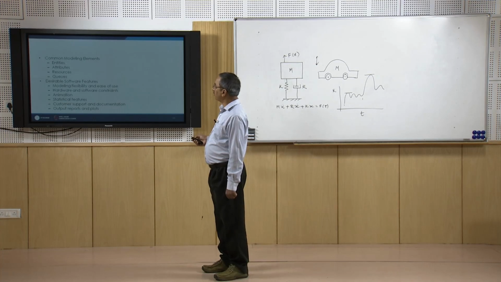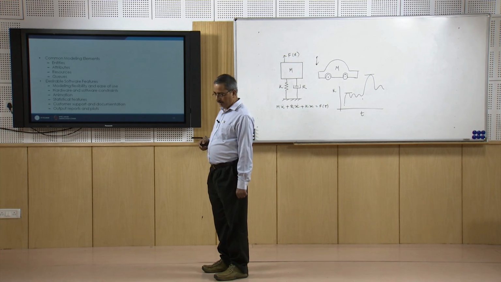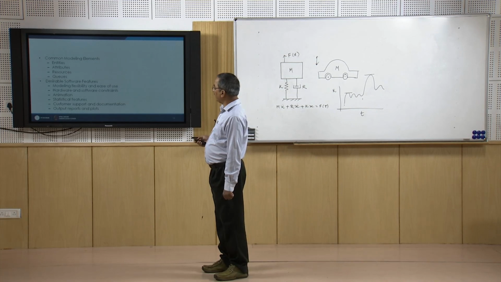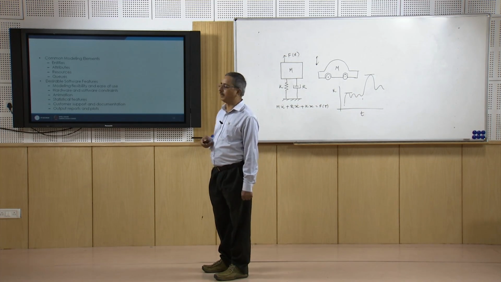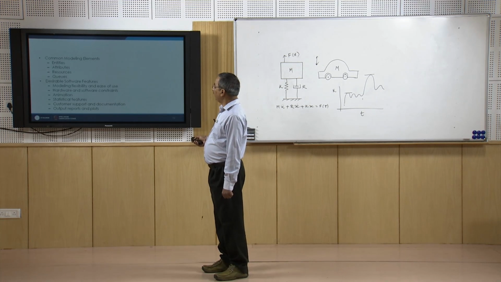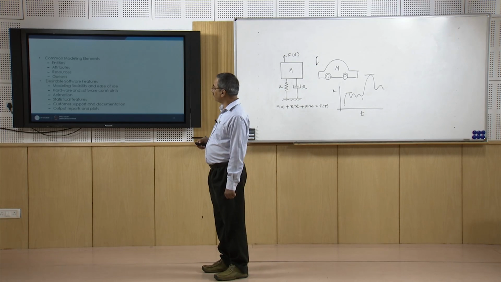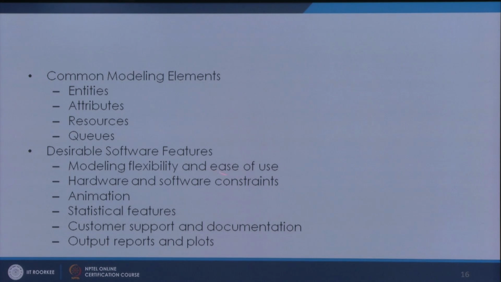Common modeling elements could be entities, attributes, resources, queues. And here are the desirable software features these days which most people are interested in: modeling flexibility and ease of use, hardware and software constraints, animation.